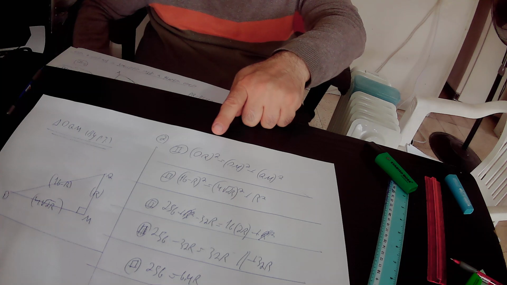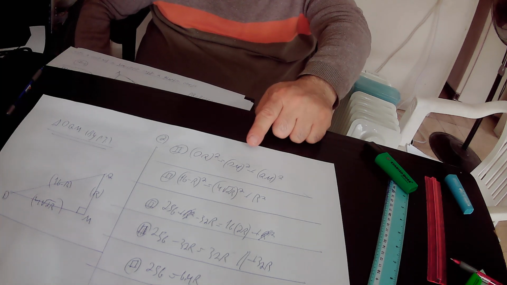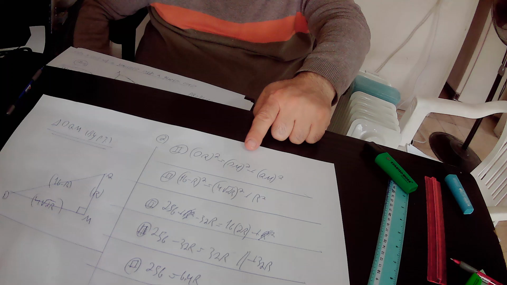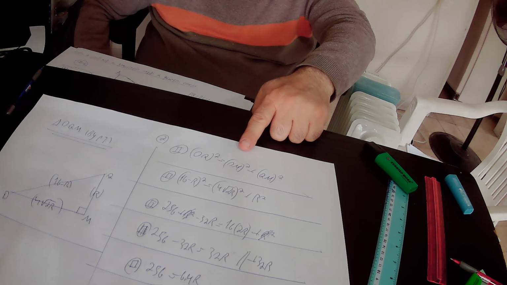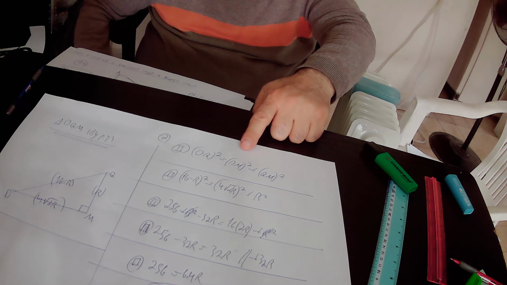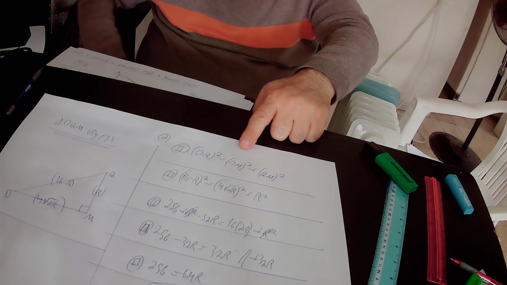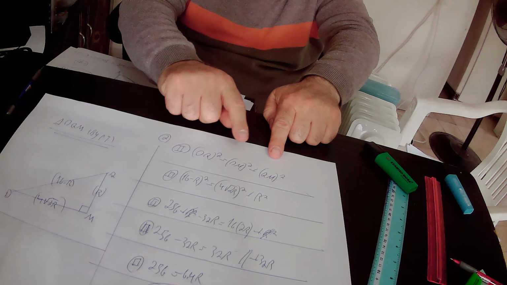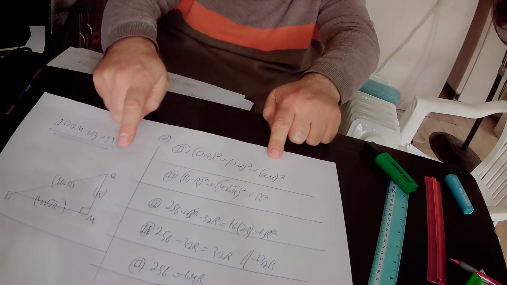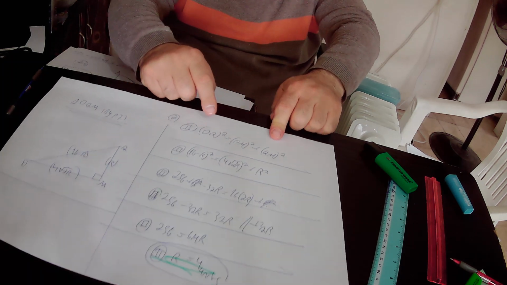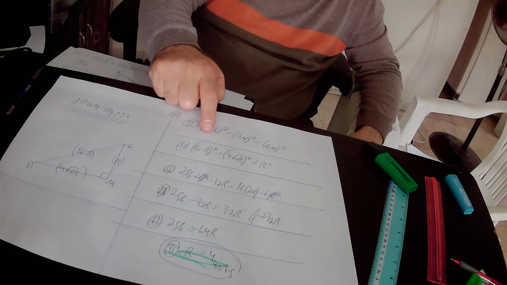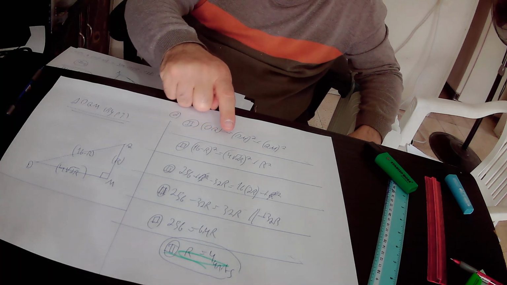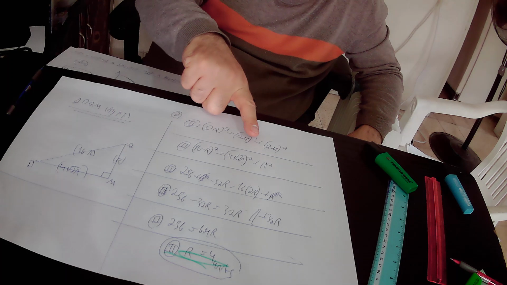Therefore, OQ square is 16 minus R all squared, and it is equal to OM square plus QM square. OM is 4 times square root of 2R, therefore OM square is 4 times square root of 2R all squared, plus QM square. QM is R, therefore QM square is R square. So according to equation 2, we find that 16 minus R all squared equals 4 times square root of 2R all squared plus R square.